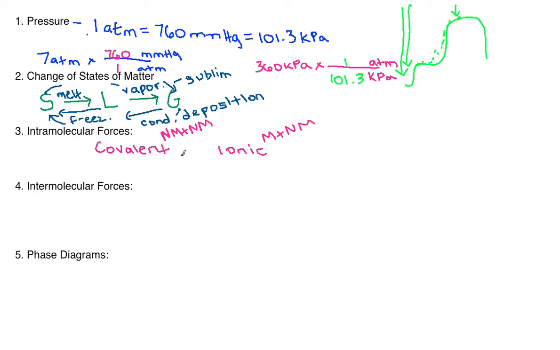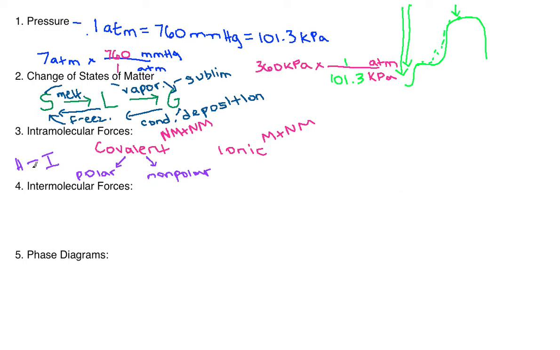I can take covalent compounds and further break them down. Covalent compounds can be described as polar or non-polar. Remember, in polar, the forces are not balanced, while in non-polar, the forces are balanced. For example, in HI, I is much more electronegative than H, so it pulls the electrons towards itself.